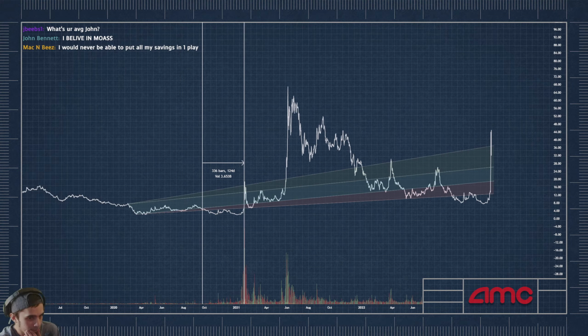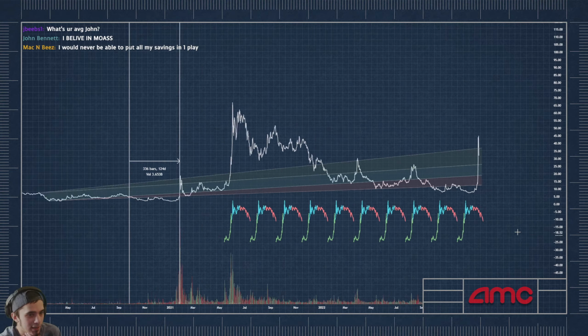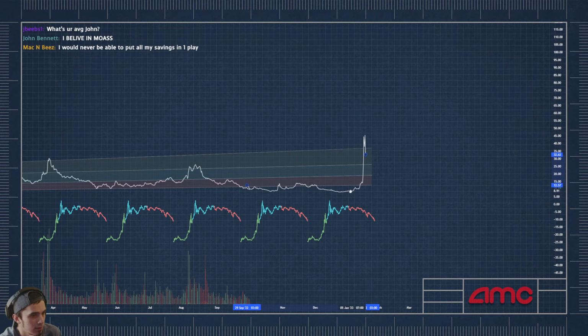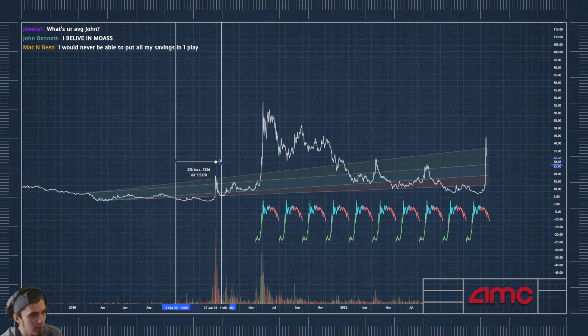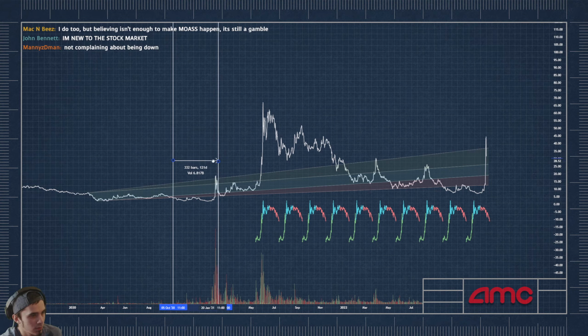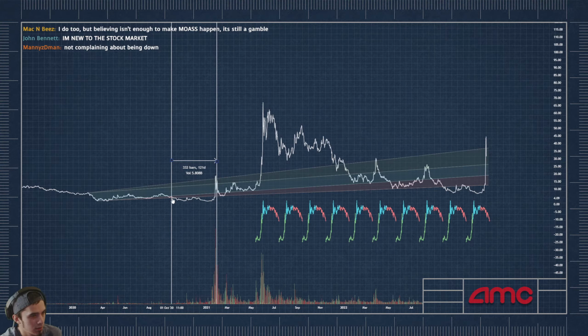But if things are lined up correctly, 120 days from here, we would have gotten out right around this range, and then 120 days. It actually goes in a little bit earlier here, but different time frame, guys.